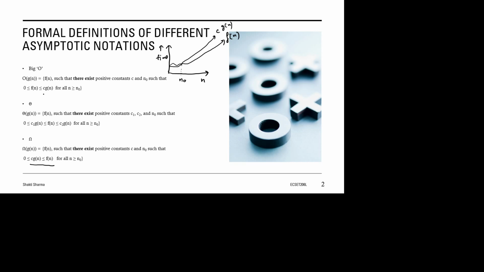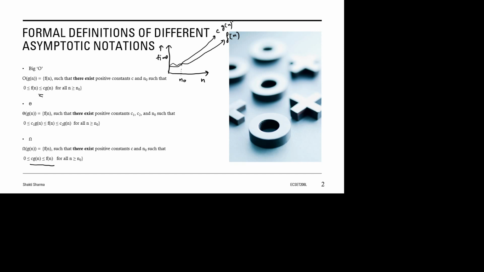To be precise, it is interesting to see that this bound has a condition of less than or equal to. That means the growth of c g(n) can be equal to f(n) or more than f(n). Now g(n) can be any higher degree growth function, because the criteria is that g(n) is more than f(n). So if f(n) is some quadratic equation, then g(n) can include a higher degree polynomial.